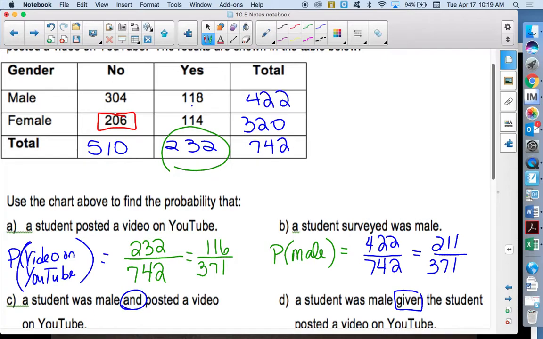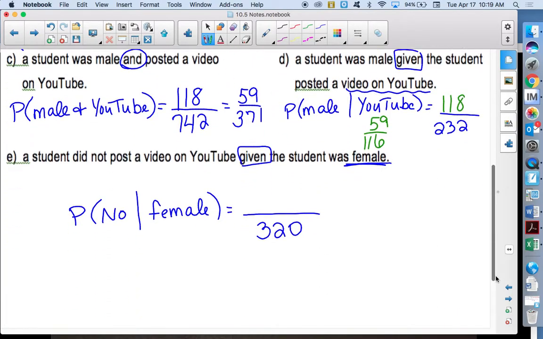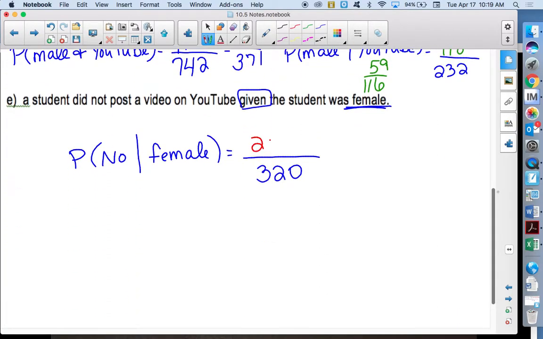So the both part goes on top, and the total after the given goes on the bottom. So it's and over whatever's after the given. And Sam, that reduces to 103 over 160. Any questions?